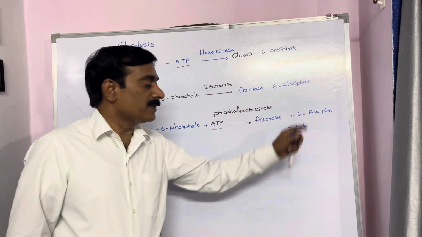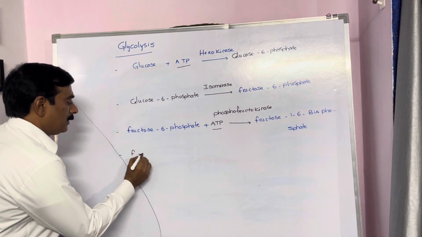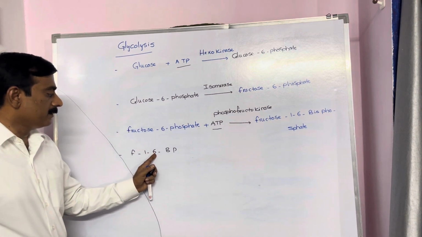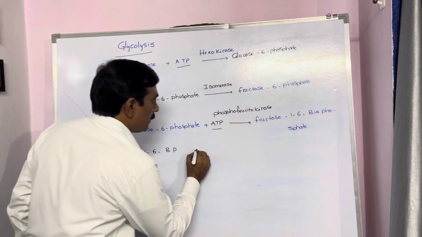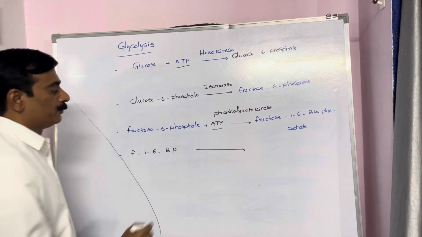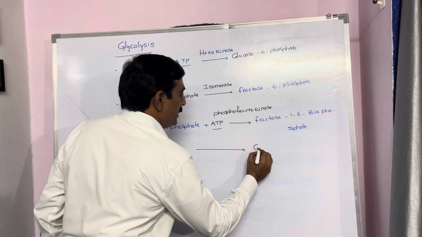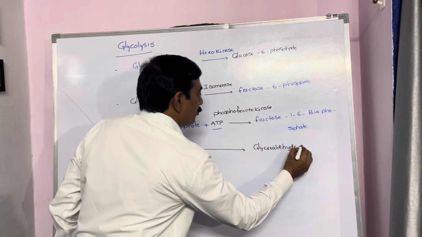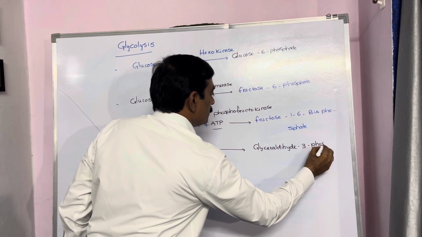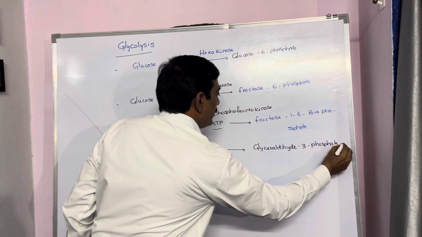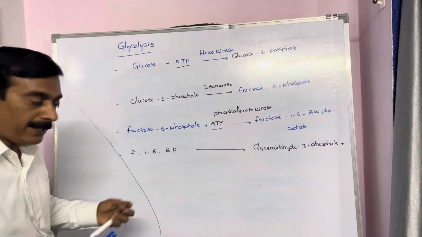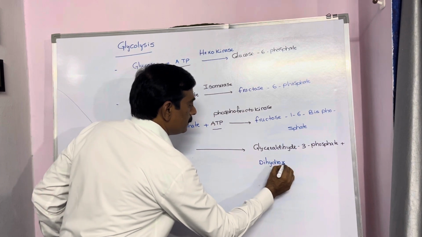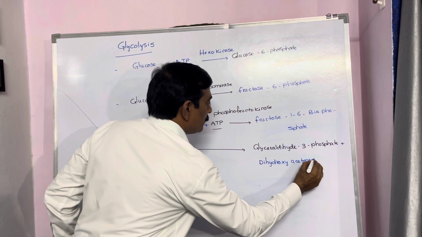Next one. Fructose 1,6-bisphosphate breaks down into glyceraldehyde 3-phosphate, G3P, plus DHAP, dihydroxyacetone phosphate.